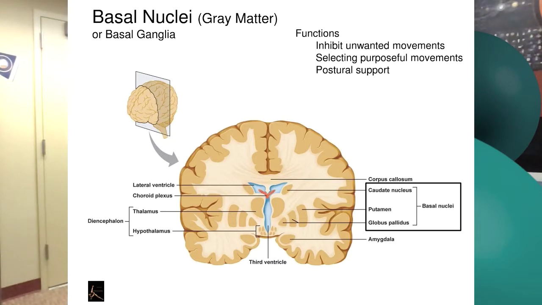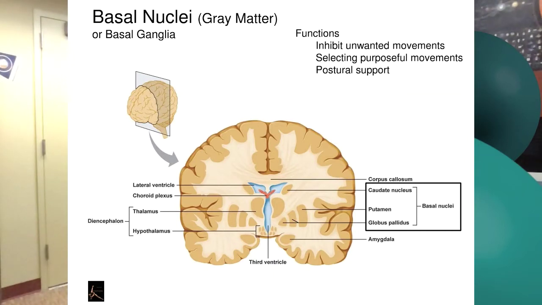So it selects and maintains purposeful motor activity and suppresses the useless or unwanted patterns of movement. Okay, and so it really is helping to monitor and coordinate slow, sustained contractions, especially things related to posture and support. Okay, I think we'll leave it at that.